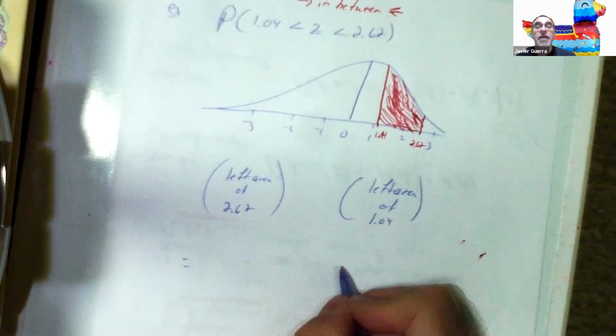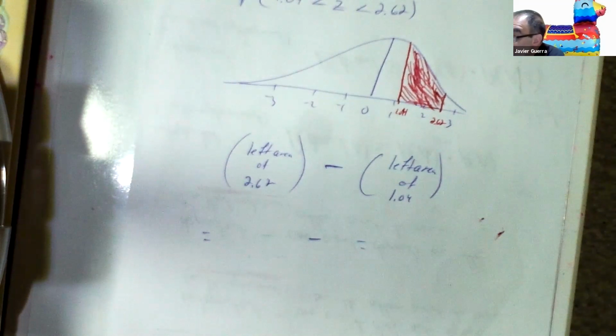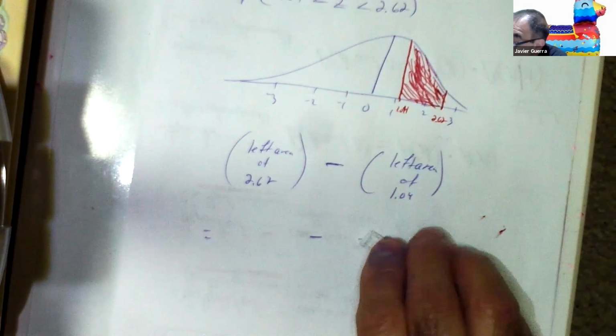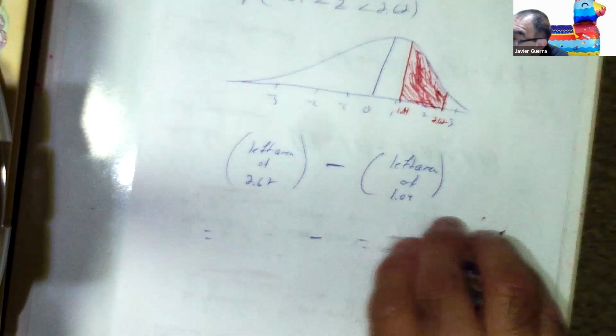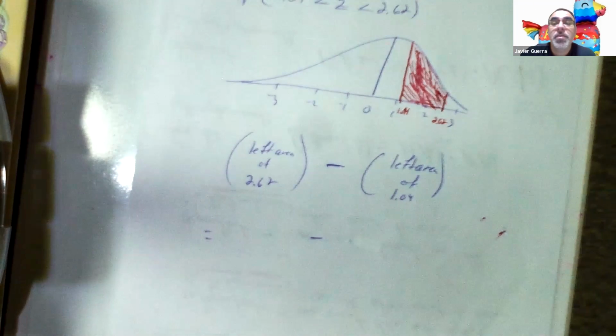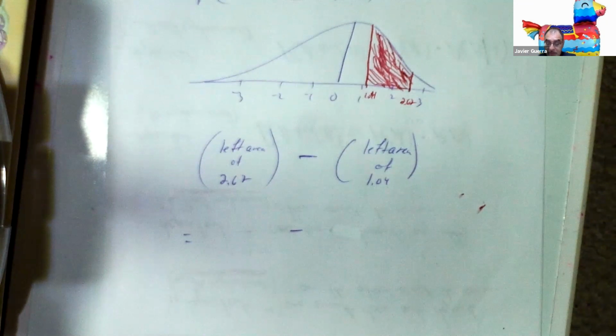And then after we do that, we're going to subtract them. Okay? So remember left. I'm going to type in the 2.62 first. I'm going to get the left area. Hold on, I'm going to wait till you guys copy that first.